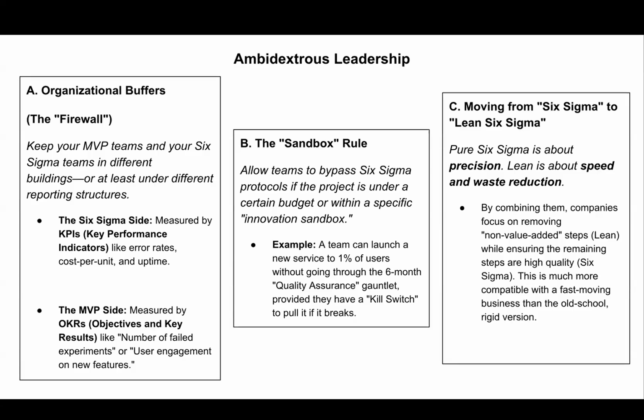So when we move from Six Sigma to Lean Six Sigma, pure Six Sigma is about precision. Lean is about speed and waste reduction. And there's a lot of attention in Lean and Six Sigma about respect for people. That includes internal and external people that your enterprise touches. And so that's also a very tacit piece that gets born into all of this.